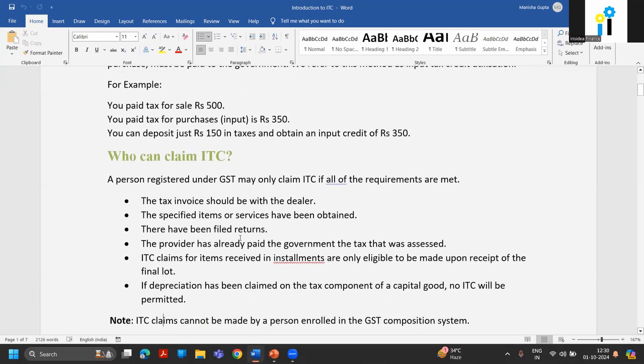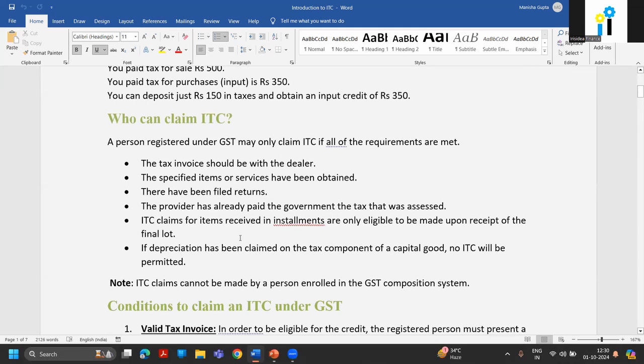Who can claim ITC? A person who is registered under GST can claim ITC. But there are requirements. You must be a registered person under GST, you must have the tax invoice from the dealer, the specified item or service must have been received, and the return must have been filed.